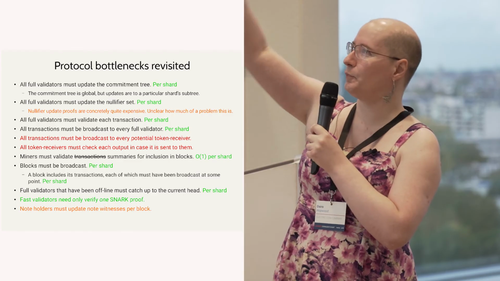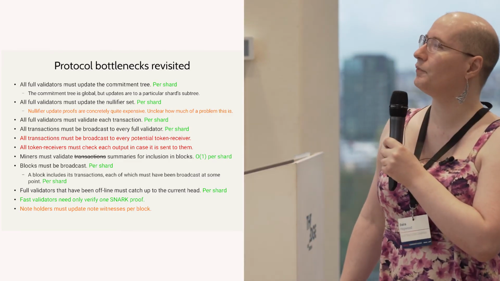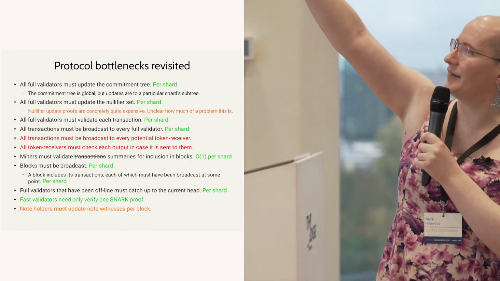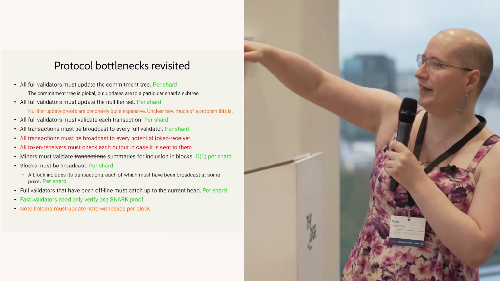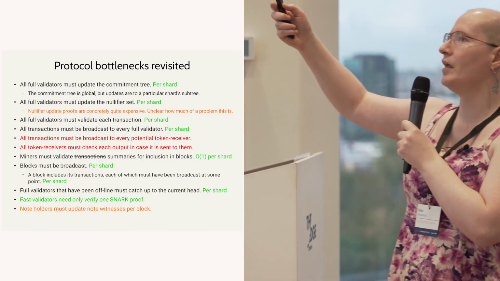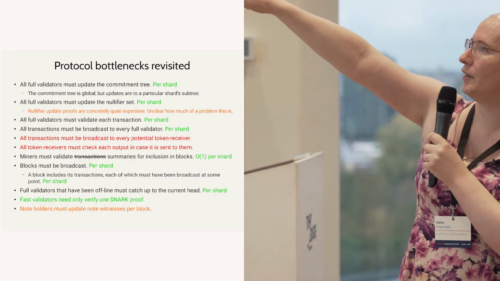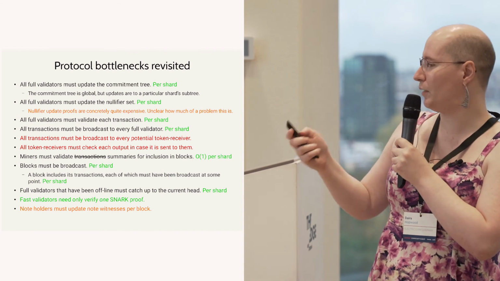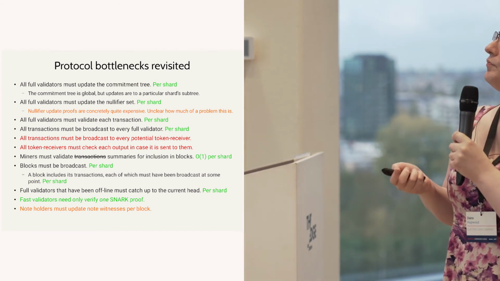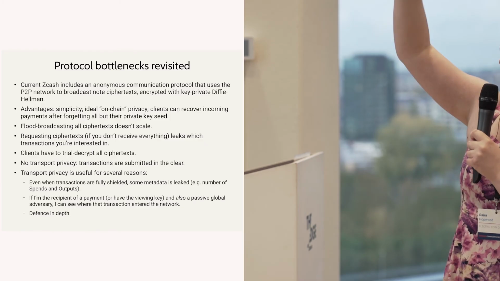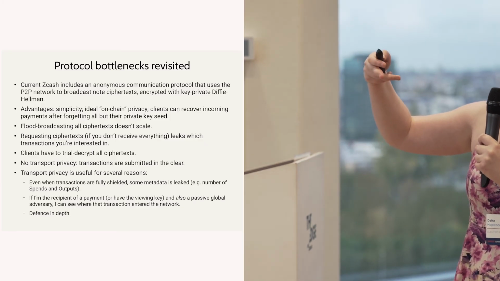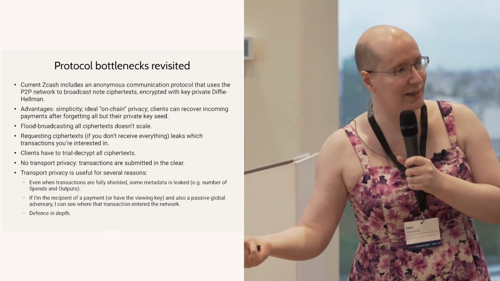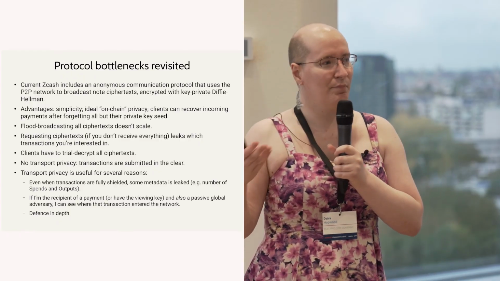So these are the protocol bottlenecks that we've solved by doing this kind of thing. All of the things that say per shard, we now only need to do independently for each shard. But we still need to broadcast all of the transactions, and the token receivers still need to check each output. So instead of broadcasting transactions, we need to use a mixnet to send them, because we also need to maintain privacy.